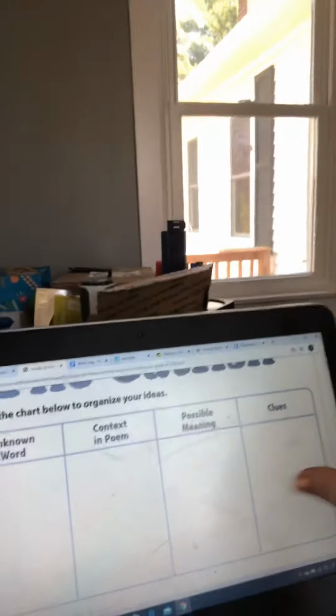Alright, again, I don't know why I keep putting the possible meanings before the clues. That's really confusing to me. So, what clues? The clue I was giving you guys is what cats like to eat, and that's easy. Cats like to eat cat food. I'm just kidding. Cats like to eat fish. So if it's half cat and half fish, it's gonna want to eat itself, but it can't, because first of all, it would die, but second of all, it can't catch itself.